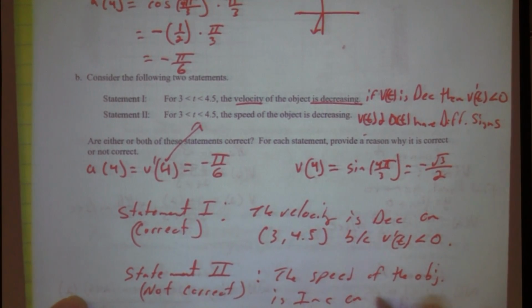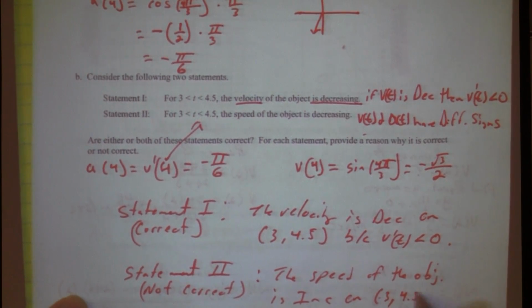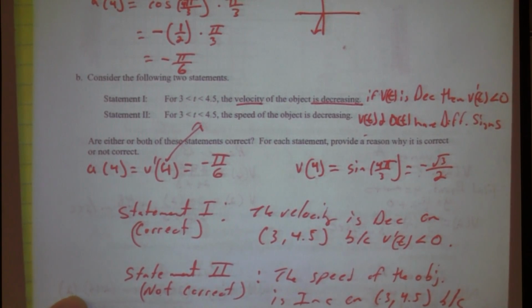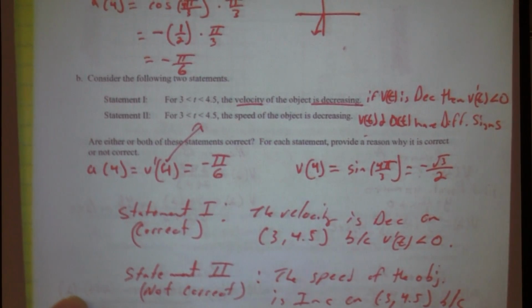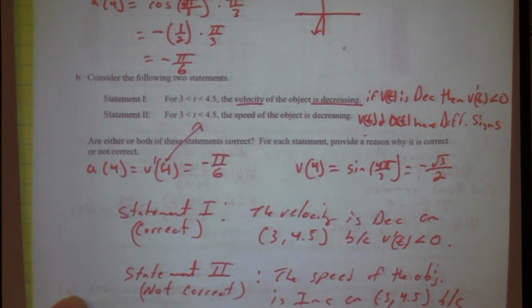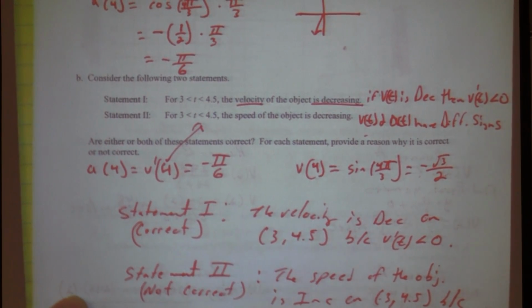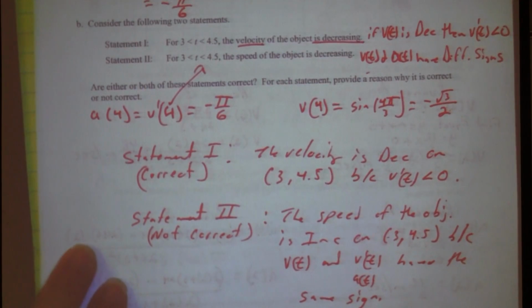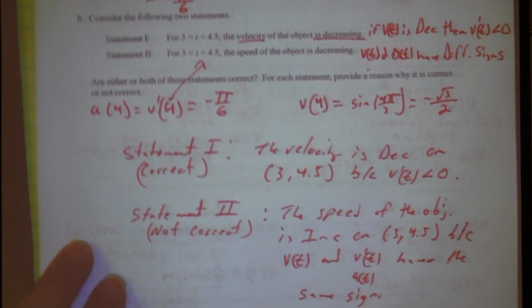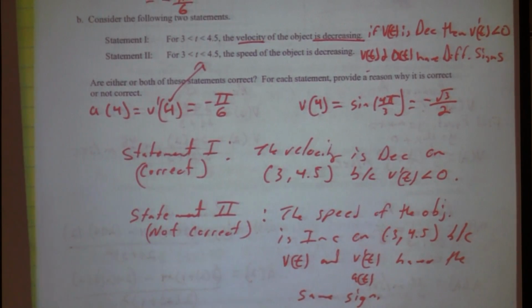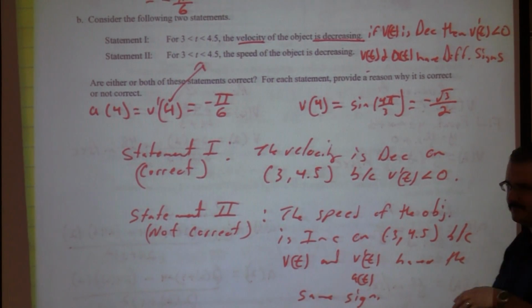Increasing on the interval 3 to 4.5 because v of t and v prime of t, which is a of t, have the same sign. We wrote why it was not correct. Do you understand? Super easy?